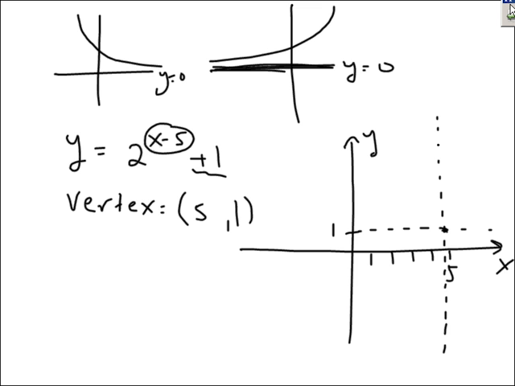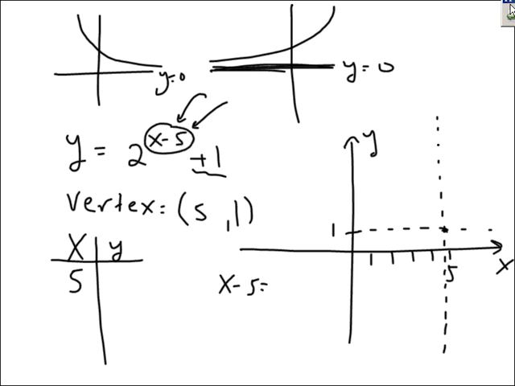Like always, let the exponent be 0. That is, let x be 5. And let the exponent be 1. If x minus 5 should be 0, adding 5 to both sides, x is 5.